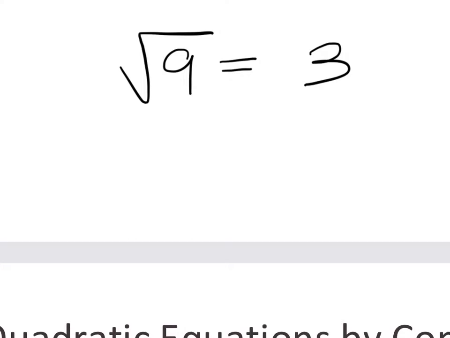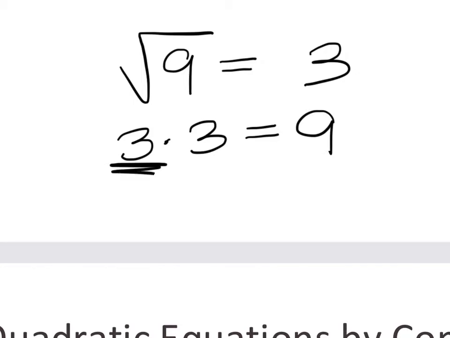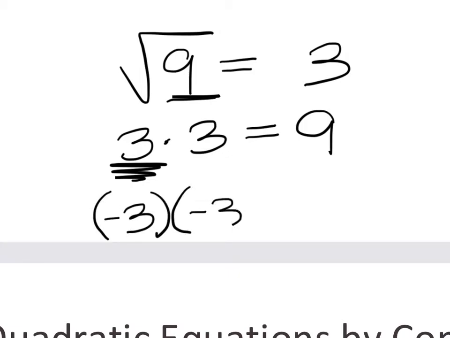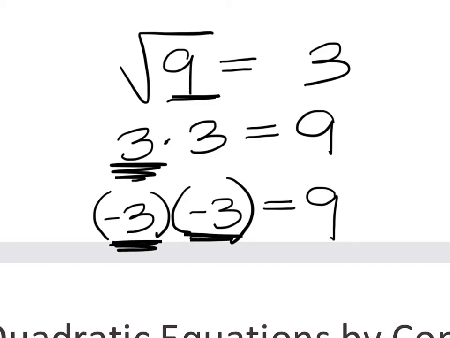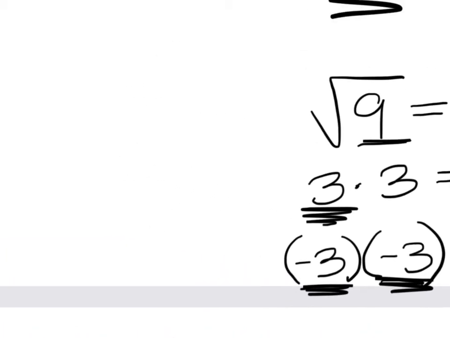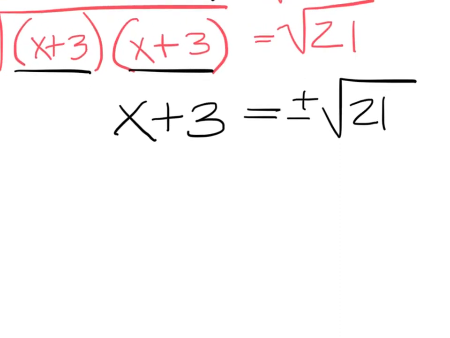Can I not multiply 3 times 3 to get 9? That's why 3 is a square root of 9. Can I multiply negative 3 times negative 3 to get 9? Therefore, if this times itself is also 9, that means that negative 3 is also a square root of 9. That is why we have put plus or minus in front of our square root.